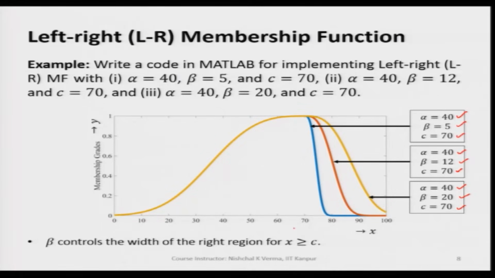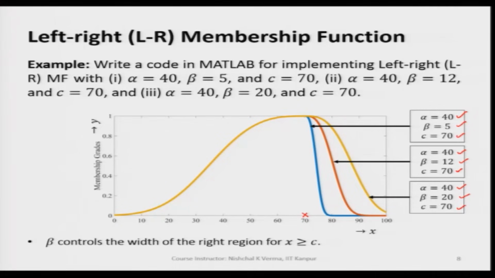So, we see that C can be regarded as a center around which we have the left side and the right side. On the left side, alpha is responsible for the change, and on the right side, beta is responsible.